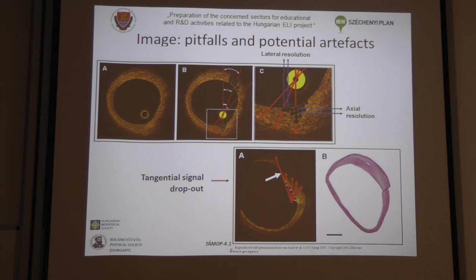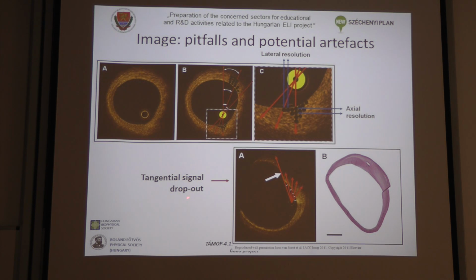We try to identify all the alterations correctly in our practice, but there are still many potential artifacts which really limit our precision.